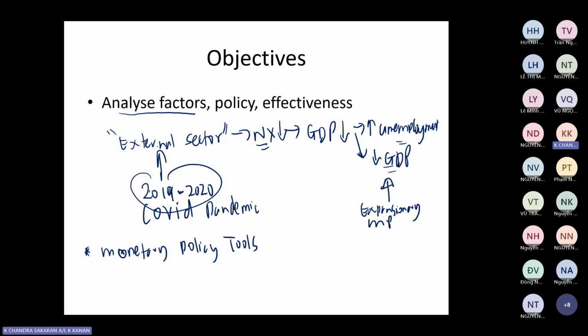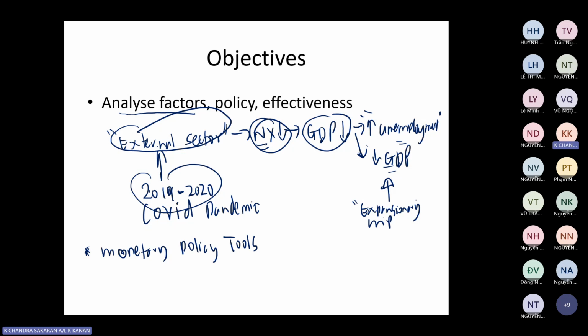All countries are affected by this pandemic, inclusive of Vietnam, Malaysia, and so on. One very important thing that has affected the economy is the external sector. The export, net export, the trade balance is affected by COVID. That means there is less export, correct? So that has caused a fall in the GDP, higher unemployment, people are losing their jobs, production is dropping.